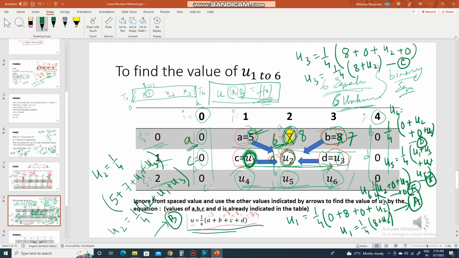Correct. Okay. So U4 and this U6 are common, but in this way it will not work. So what we will do is first try to, this is equation A, this is U2, this is U6.